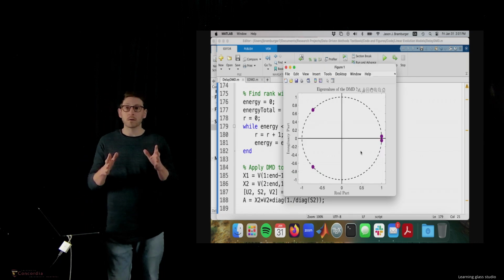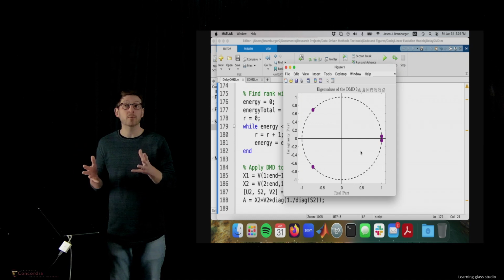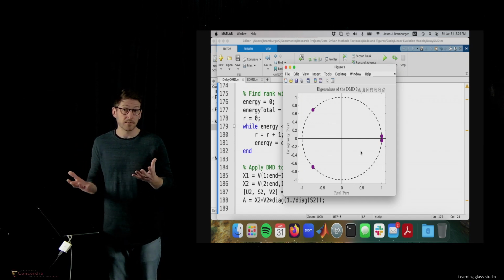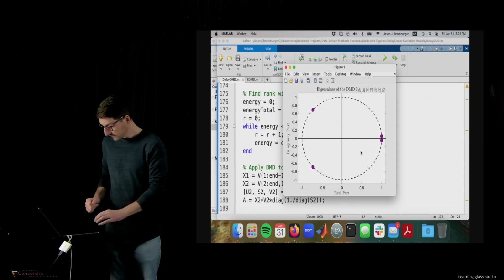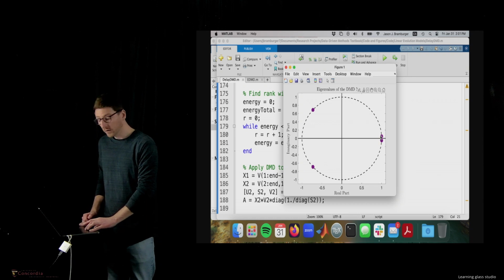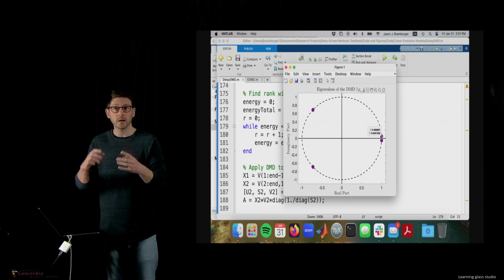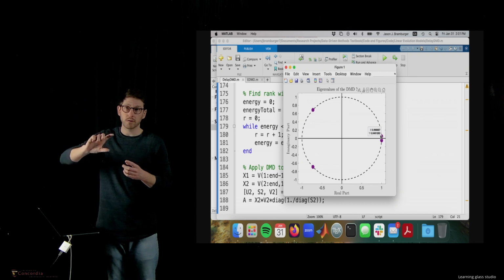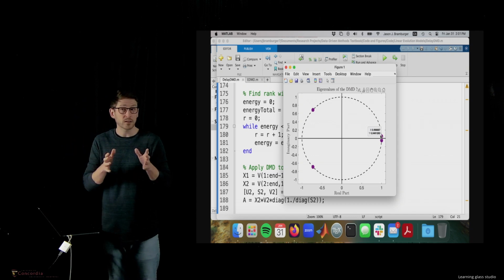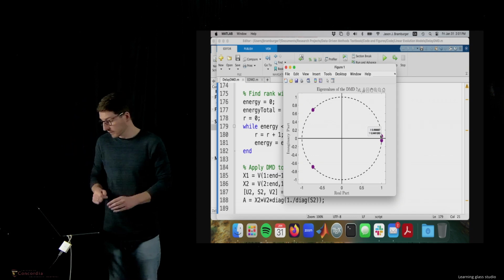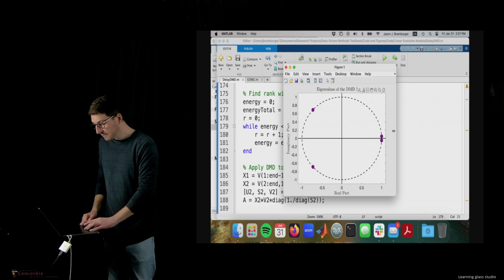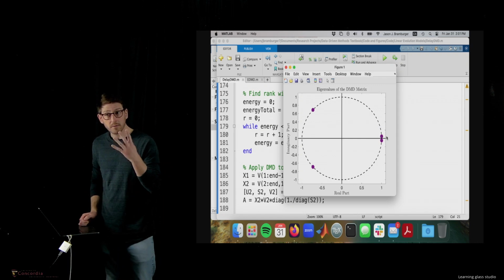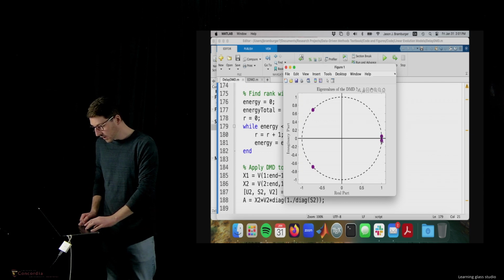Now, remember, when it comes to DMD, what we care about is the eigenvalues of the DMD matrix. They give us the expansion. Here are the eigenvalues. There are four of them because it's a four-dimensional signal, right? V1, V2, V3, V4. They both look like they were sines and cosines, or at least some mixture of them. And here you can see the DMD eigenvalues, all four of them, from a 4x4 matrix, come in complex pairs, and they lie on the imaginary axis.